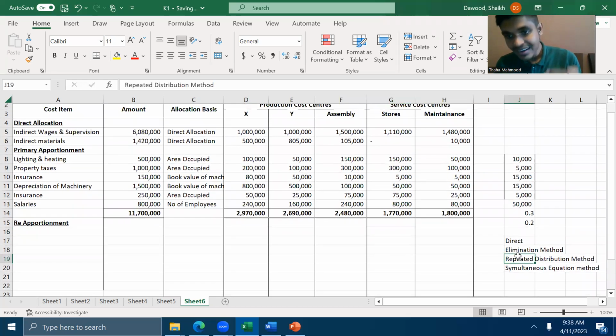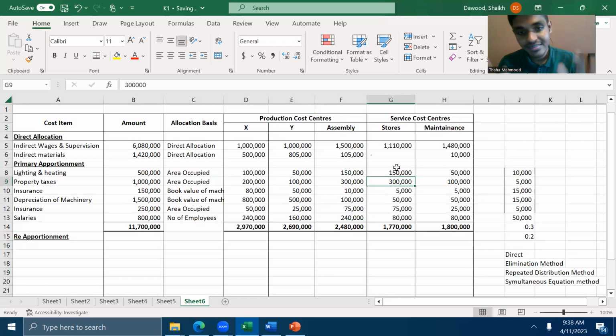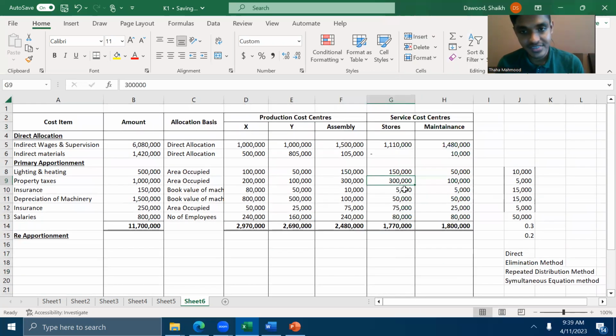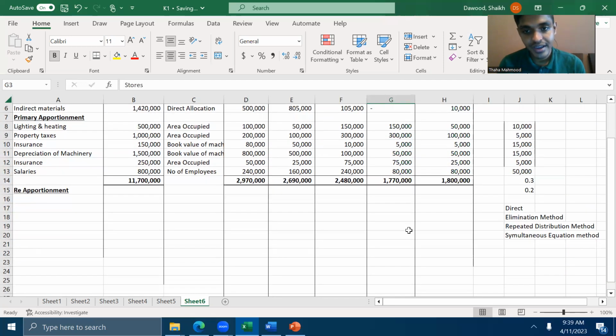The repeated distribution method is where there is complete reciprocal services. For example, the stores store things for the maintenance department, and the maintenance department maintains the stores. In such situations we go on distributing repeatedly. It continues: we apply each center's percentages and distribute to everyone, and the main amount keeps diminishing. You can try that out.